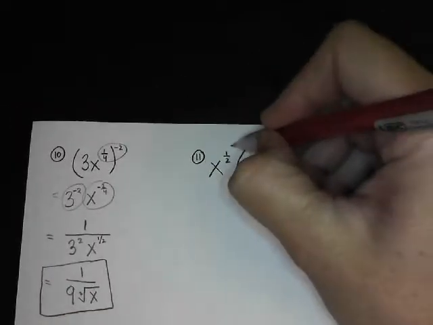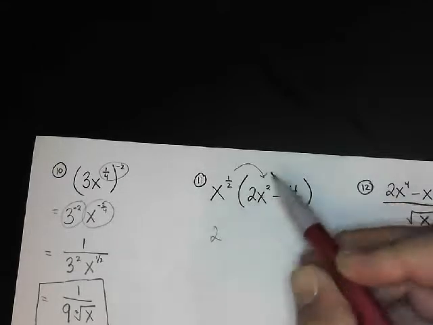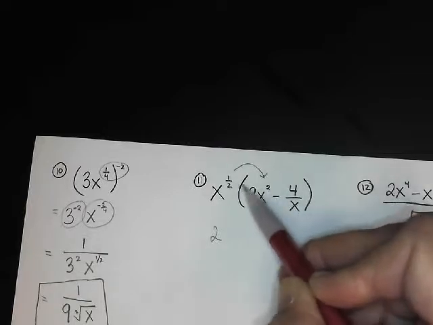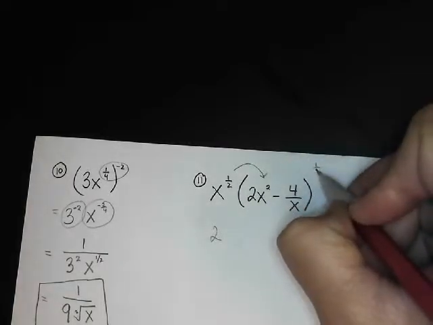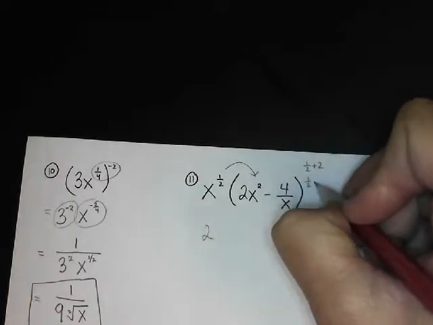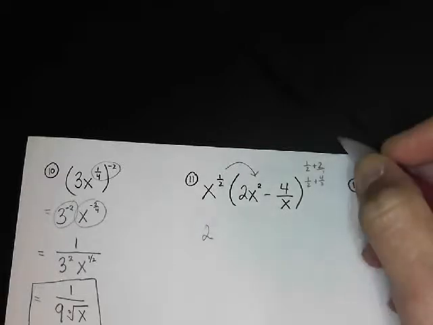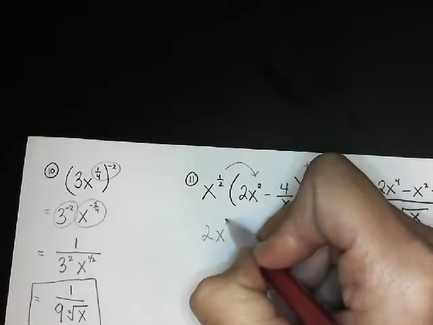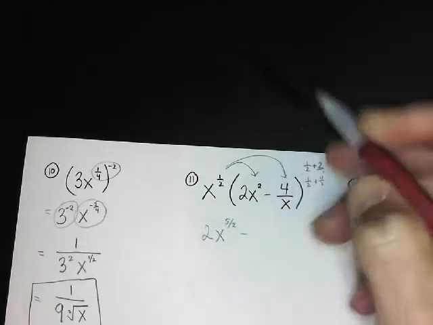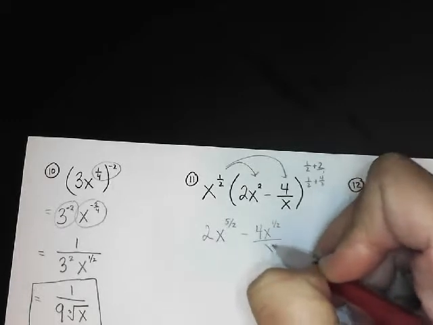Exponent rules wise, I would distribute here, and it would be 2, and then x to the 1/2 times x squared. When you add 1/2 and 2, it's going to take a little side work. So that's 1/2 plus 4/2, because that was over 1. And that's 5/2. So 2x to the 5/2 minus, and when I distribute here, I'm just going to get 4x to the 1/2 divided by x.